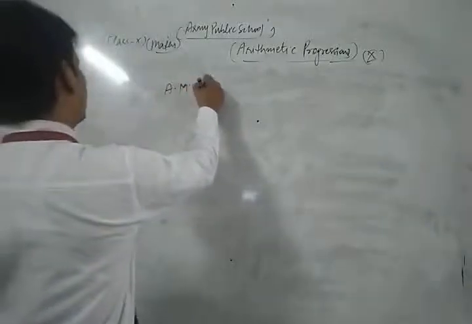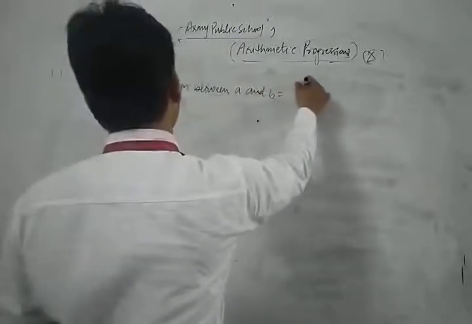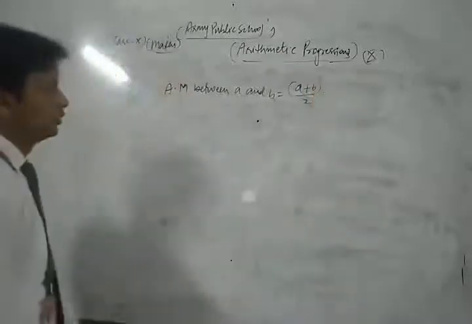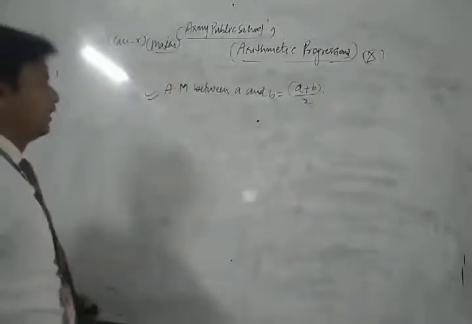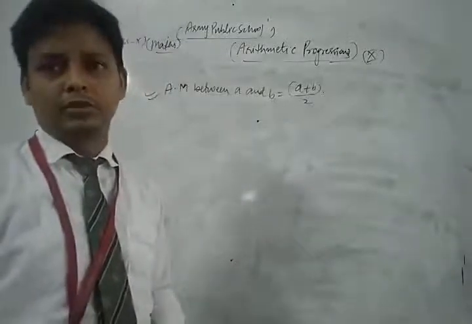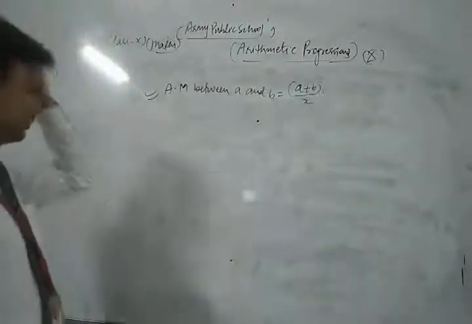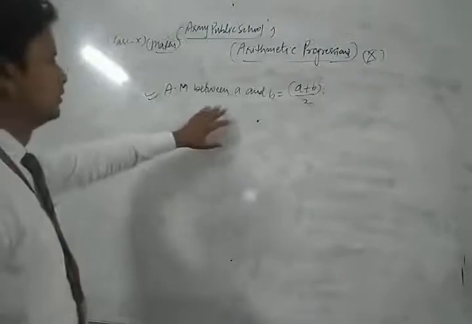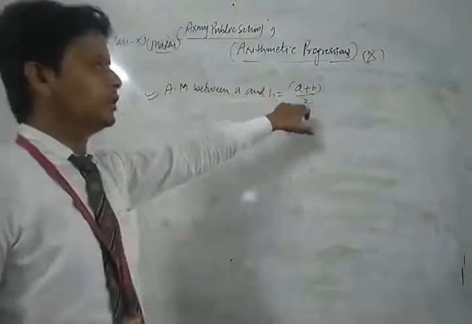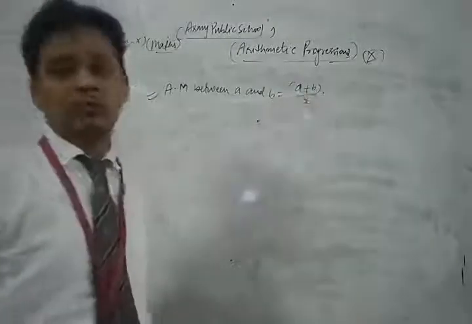The arithmetic mean between a and b is given by the formula a plus b upon 2. This is a very important formula related to arithmetic progressions. Okay, dear friends, this is a very important formula. The arithmetic mean between a and b is what? A plus b upon 2. Okay, this is a very important formula related to that.